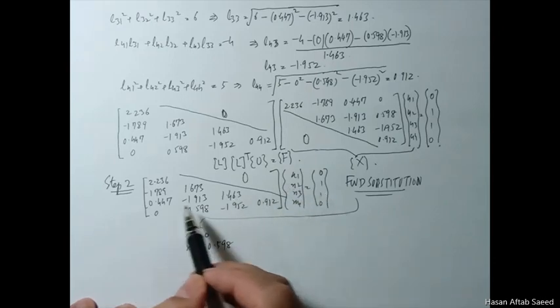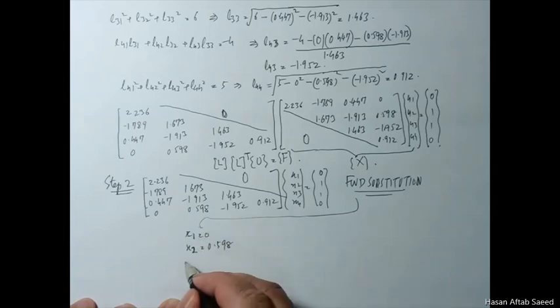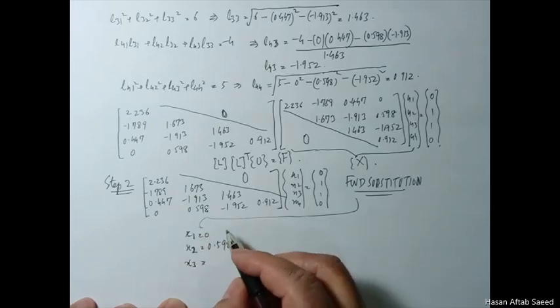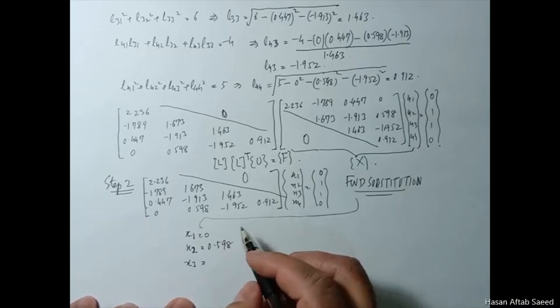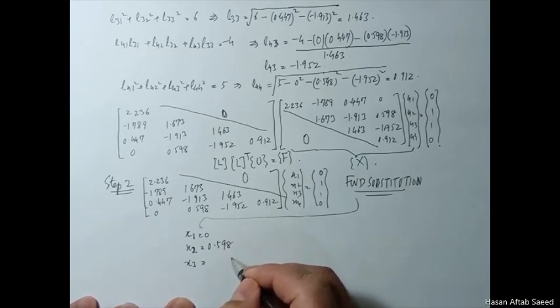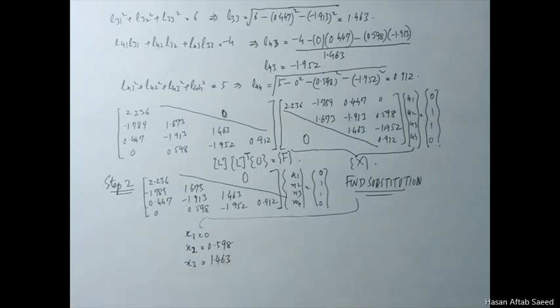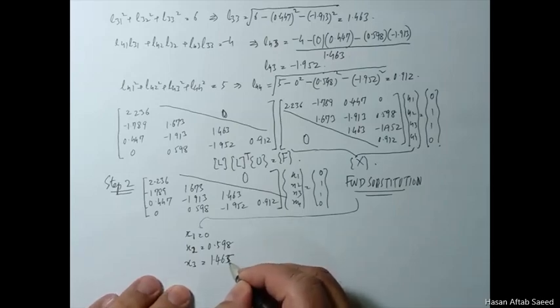X3 you want to find, x1, x2 are already known, put in the values. So x3 turns out to be 1.465, sorry.